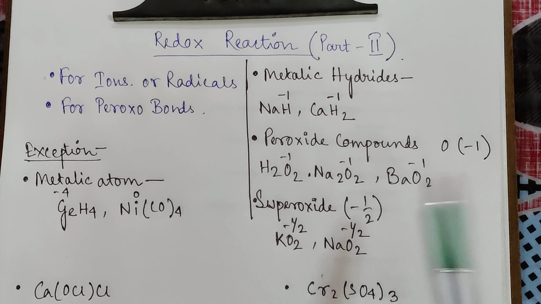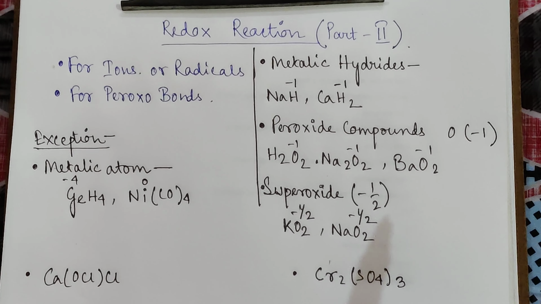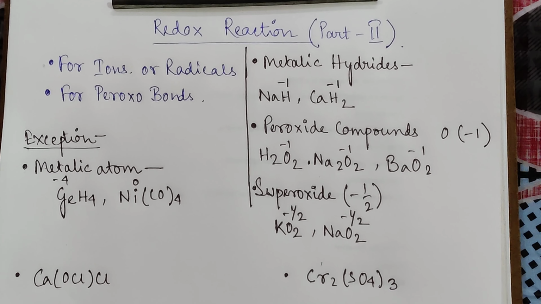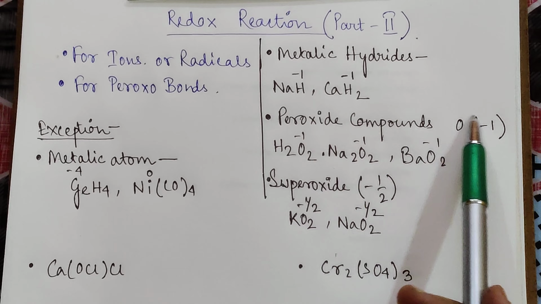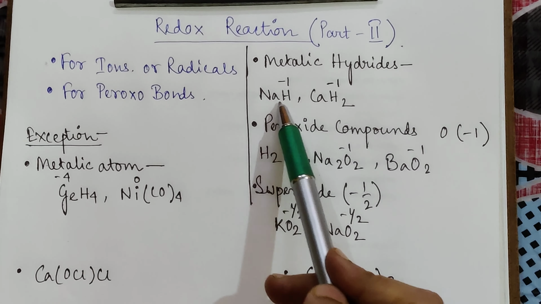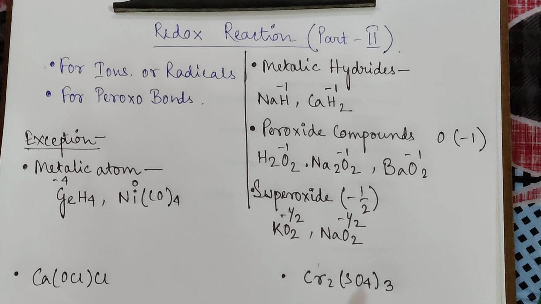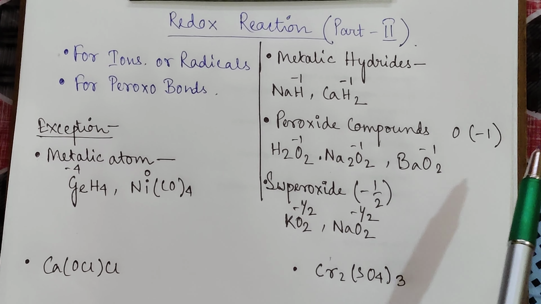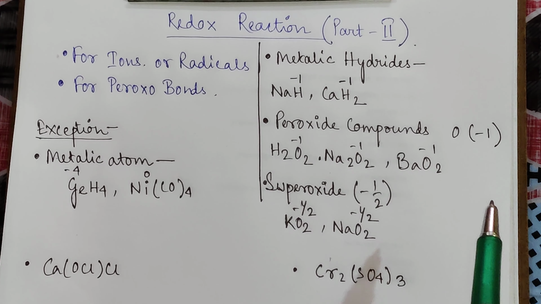Coming to some exceptions related to the hydrogen atom. We had already discussed that hydrogen will always have oxidation number +1, but there are some exceptions, that is metallic hydrides, let's say NaH or calcium hydride CaH2, where the oxidation state is -1. This we have to explicitly remember. And in peroxide compounds, the oxygen involved in the peroxo bond will always have the oxidation number of -1.